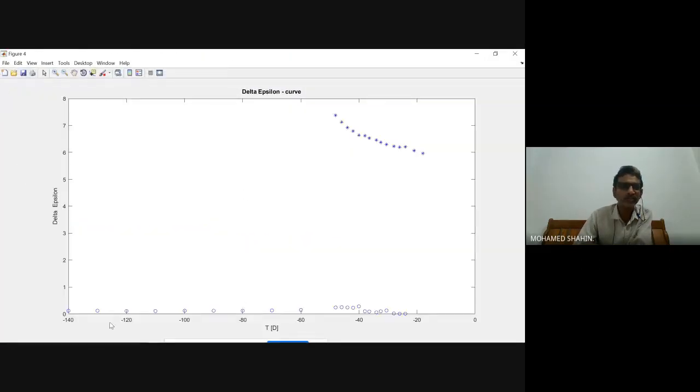Figure 4 is delta epsilon. You can see that here it is slowly increasing, then it shows a decrease. But generally it should increase. Unfortunately here we have uncertainty, so we do not know why it is decreasing.